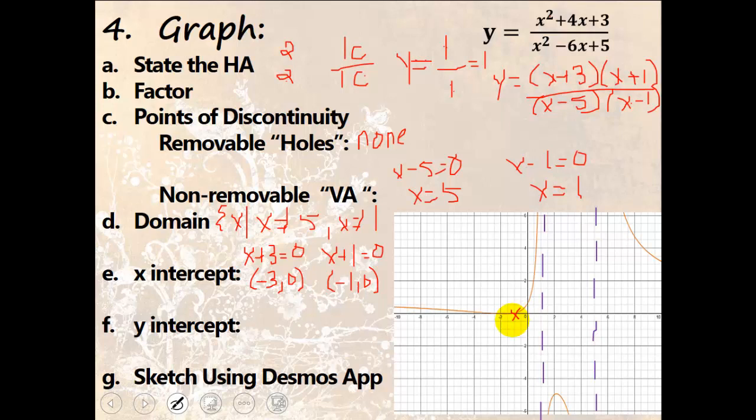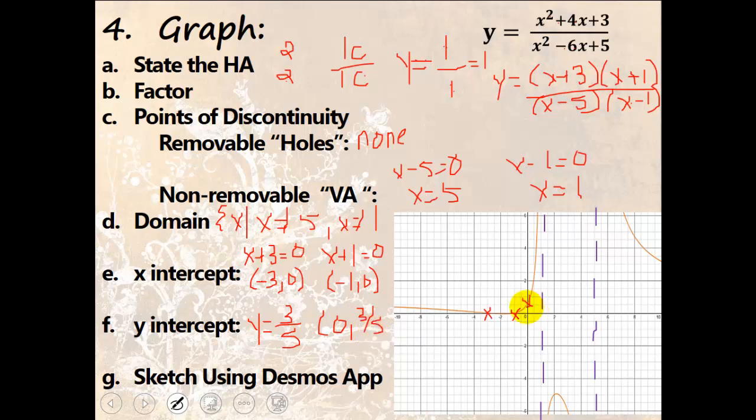And then negative 3, 0. My y-intercept is going to be when x is 0. I'm plugging in 0 plus 3, so I get 3 over 0 minus 0 plus 5, so I get the point 0, 3/5.